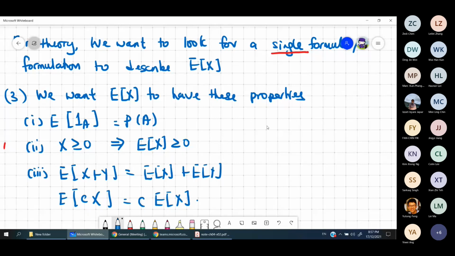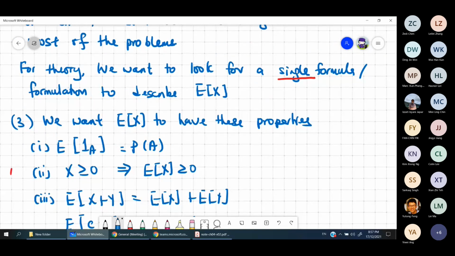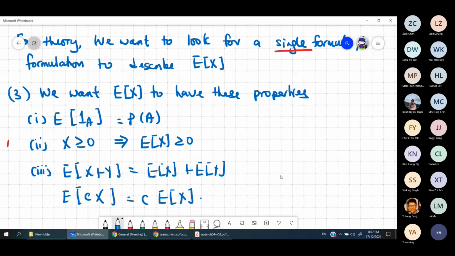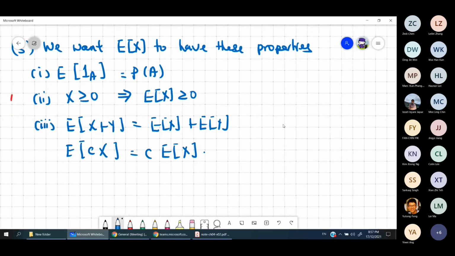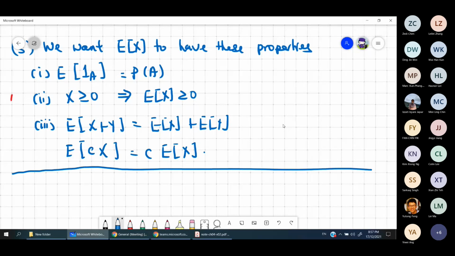Now we want a single formulation, or one single definition, for E[X] such that it also fulfills all these properties. You can see we will slowly establish this formulation. That at least lets you know the main intention of this chapter and what we are going to do.